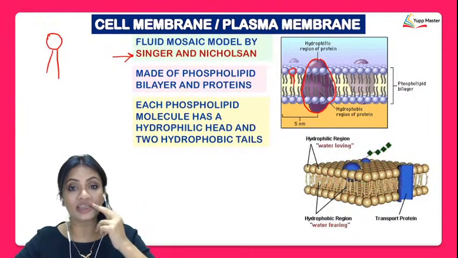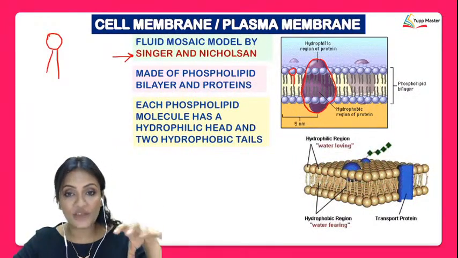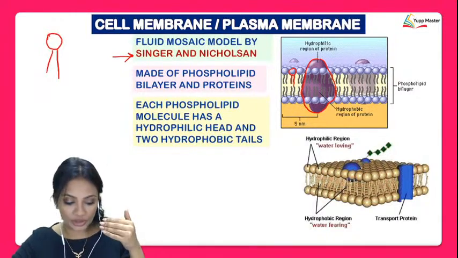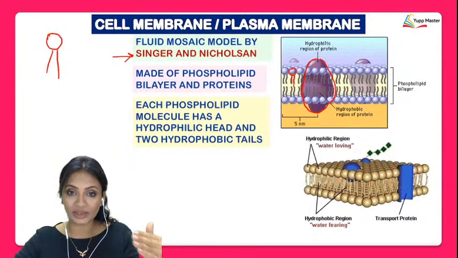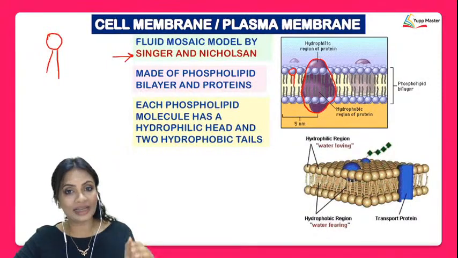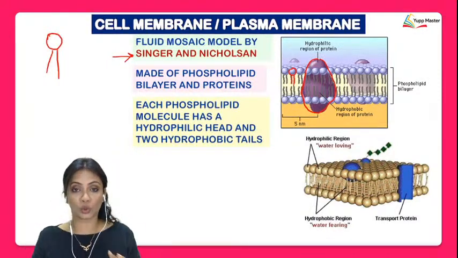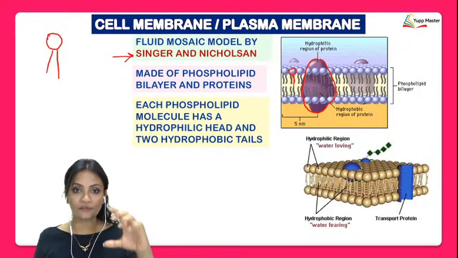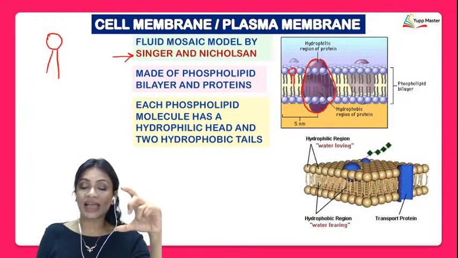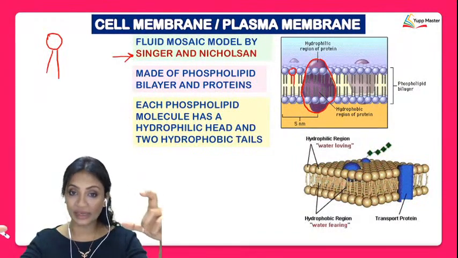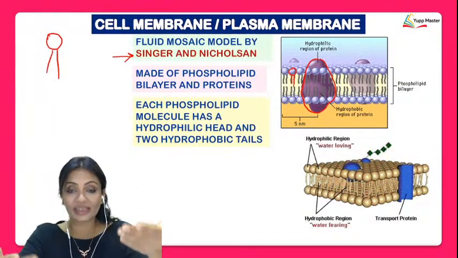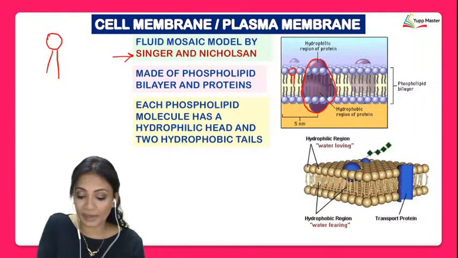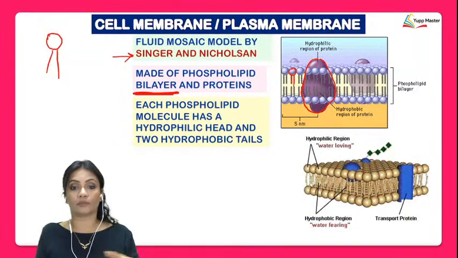So it is a hydrophilic head, but the tail regions repel water, so you can call them two hydrophobic tails. The hydrophilic head and the hydrophobic tails together form one phospholipid, and putting them all together forms one layer. The same way, there is one more layer. That's why we call it a phospholipid bilayer.